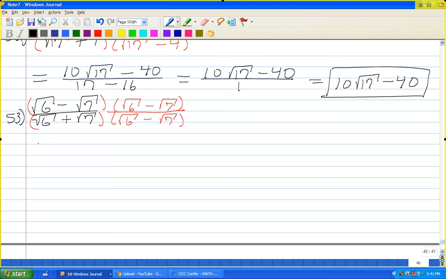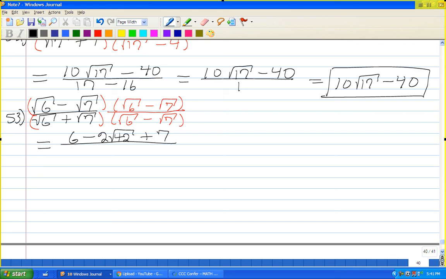Okay, so this is equal to rad 6 times rad 6 is 6 minus rad 6 times rad 7 is rad 42, and there are two of them. Rad 7 times rad 7 is 7.